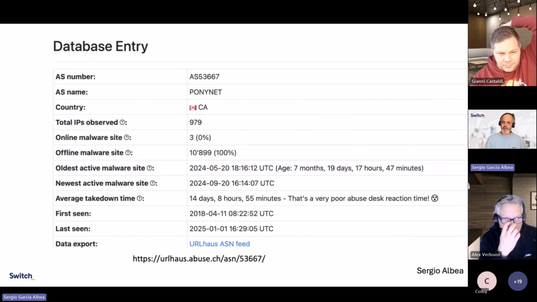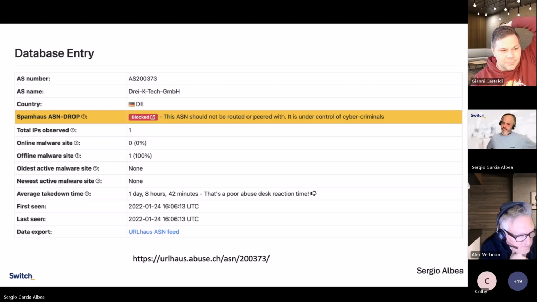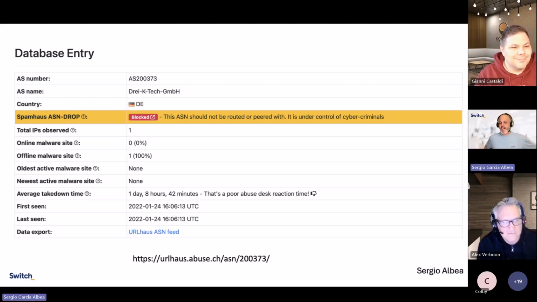As I said at the beginning, there are different cases where you can take the number and go to URLhaus to review the reputation. But then, surprise, there are ones that were appearing in my KQL queries. And when I went to URLhaus, this autonomous system number should not be routed or peered because it's under control of cyber criminals.